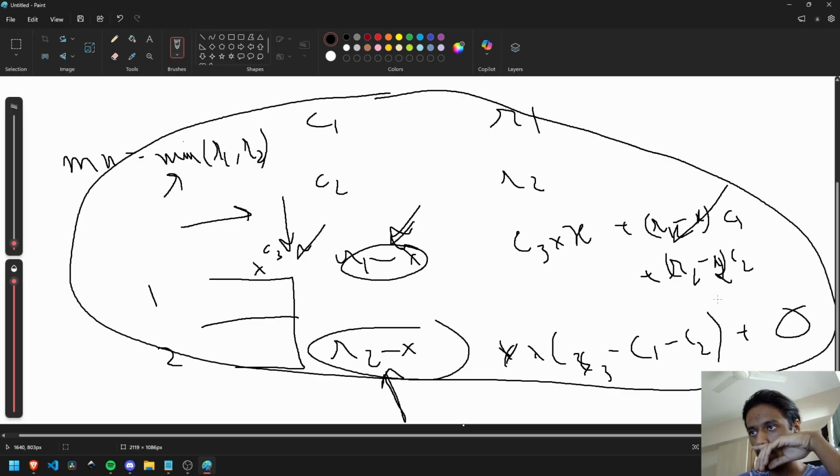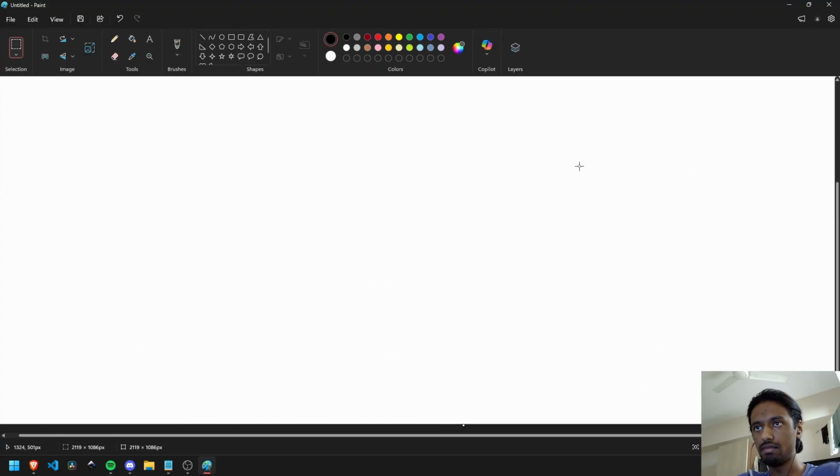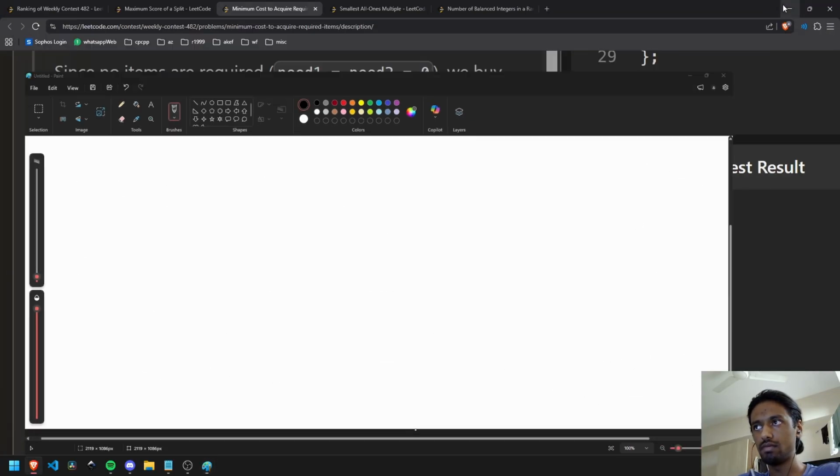And X becomes R1 as well. So the equation becomes C3 into R1 plus (R2 minus R1) into C2, and here it was plus R1 C1 plus R2 C2. So if we compare these two equations, you would notice that this case is always better.